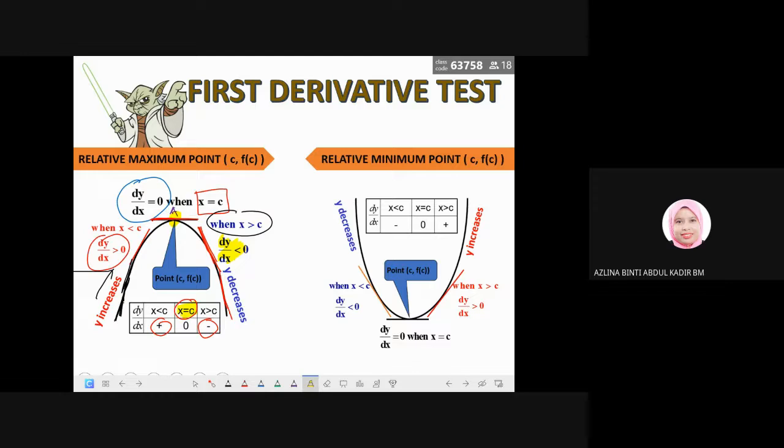For the minimum point, that is the lowest point on the curve.